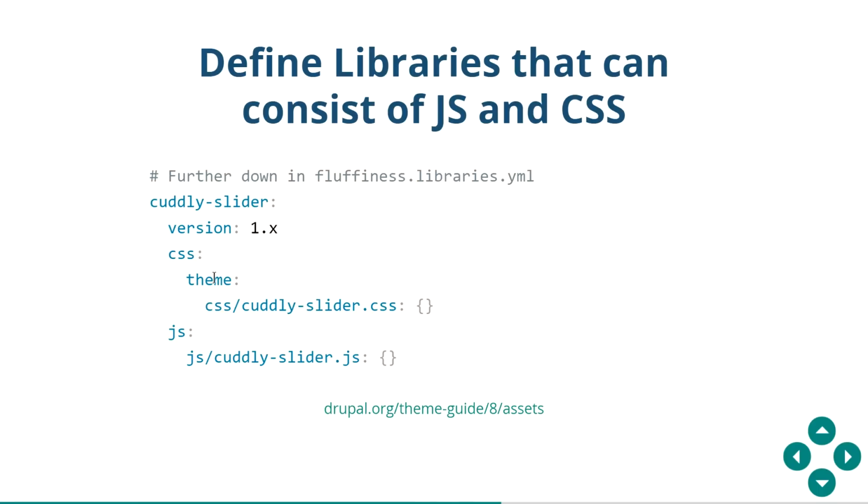We have CSS theme, and this is my cuddly slider, not my global library, but it also has cuddly slider JS. But then when I put this on the theme and I did a drush CR, if you type drush CC, it'll give you a very pedantic message saying it's drush CR now, and then you can get angry at it and type that in instead.